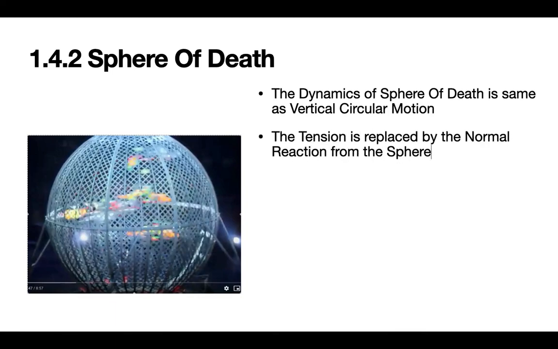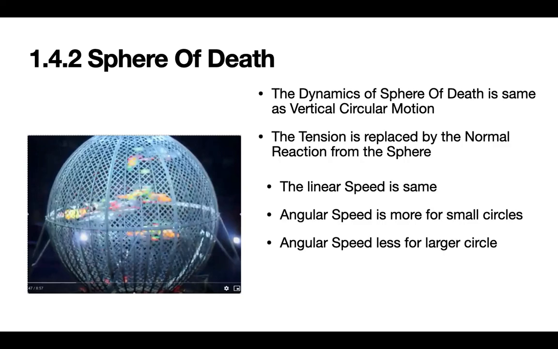The dynamics of the sphere of death is the same as vertical circular motion. The only difference is the tension is replaced by the normal reaction from the sphere. The linear speed is the same if it goes at a constant speed.